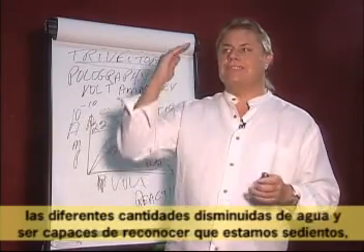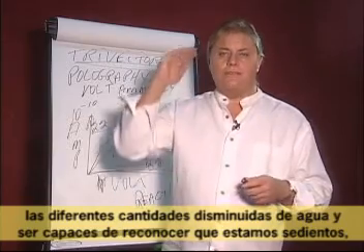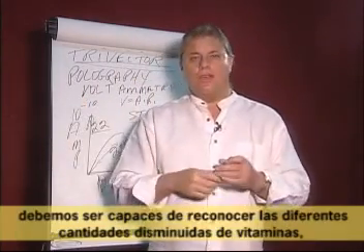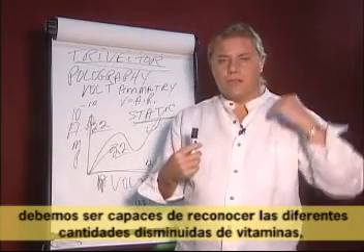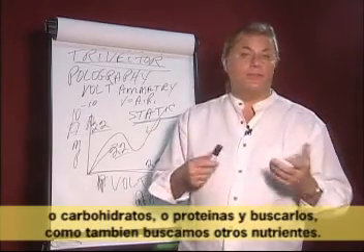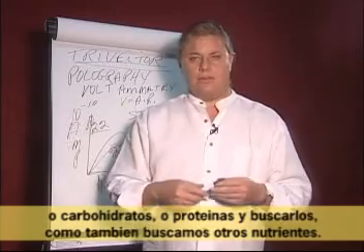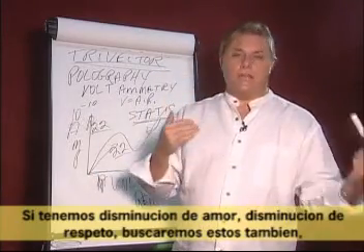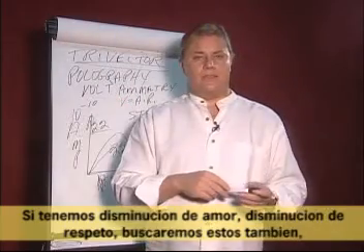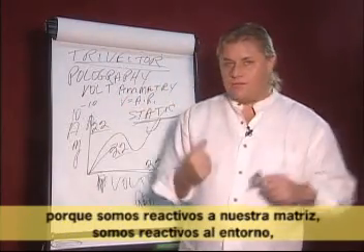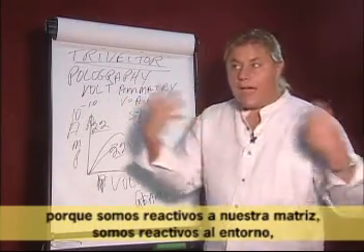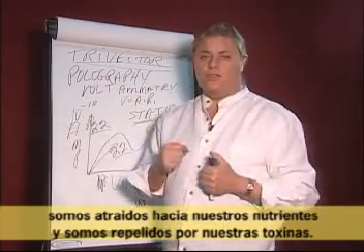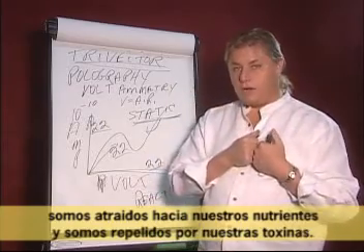We have to be able to detect the diminished quantity of water and recognize that we're thirsty. We have to be able to recognize the diminishing quantity of vitamins or carbohydrates or proteins and seek those out, as we seek other nutrients as well. If we have diminished love or diminished respect, we will be seeking that as well, because we are reactive to our matrix. We are reactive with the environment. We are drawn towards our nutrition, and we are repelled away from our toxins.